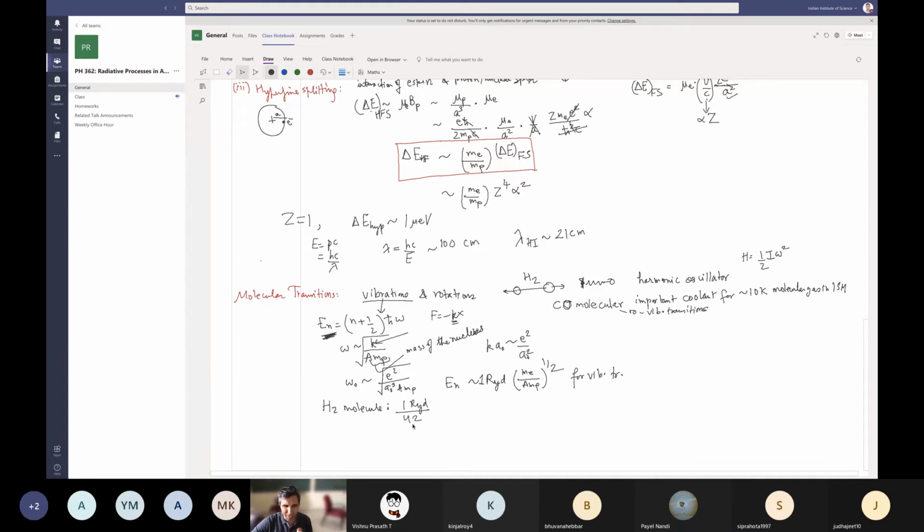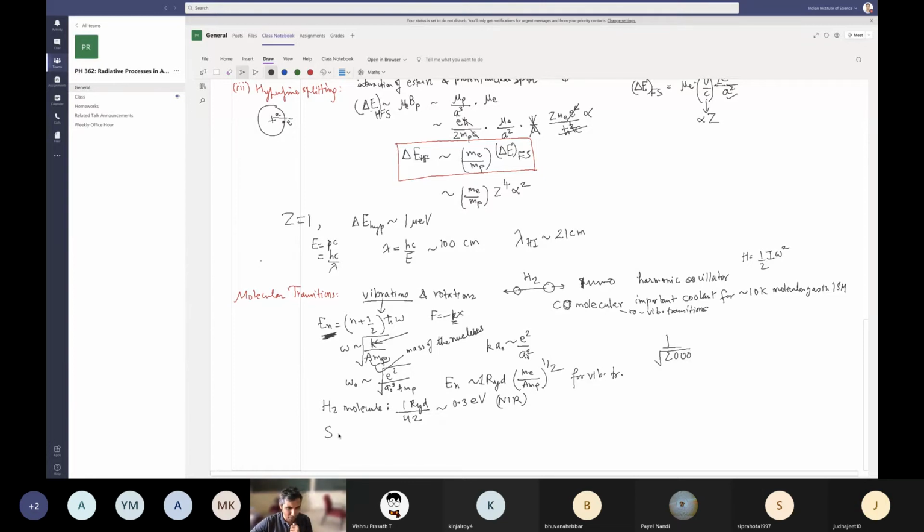Sorry, m_e by m_p is 1 by 2000, and the square root of that is about 1 by 42, since 42 squared is 1800. So that is about 0.3 eV, 13.6 divided by 42. So this is near infrared. So you do see H2 absorption and emission in near infrared.